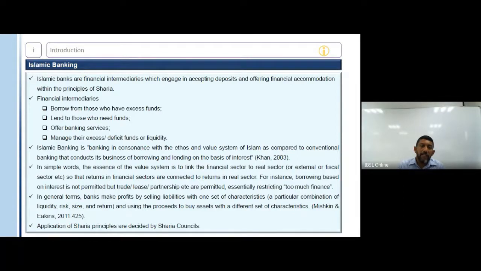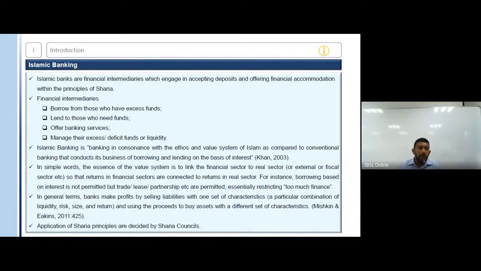So these financial intermediaries operate within the principles of Sharia. What are these principles is the next question that comes up. To answer that, we need to understand the underlying thinking in Islamic banking when it comes to financing.